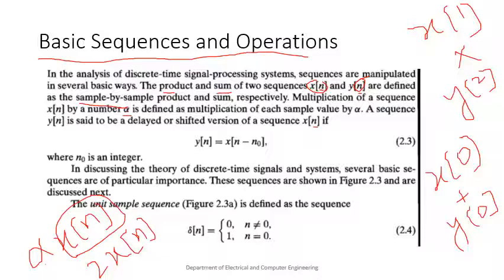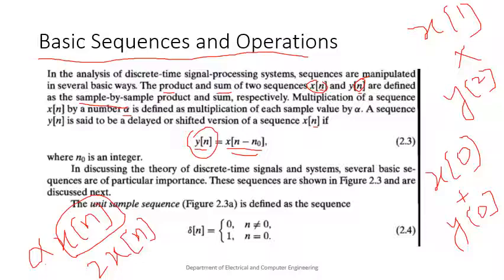A sequence y of n is said to be a delayed or shifted version of x of n. If n naught is 0, then x of n and y of n will be the same, but here y of n is the shifted version of x of n, and n naught is an integer. So you know about shifting.